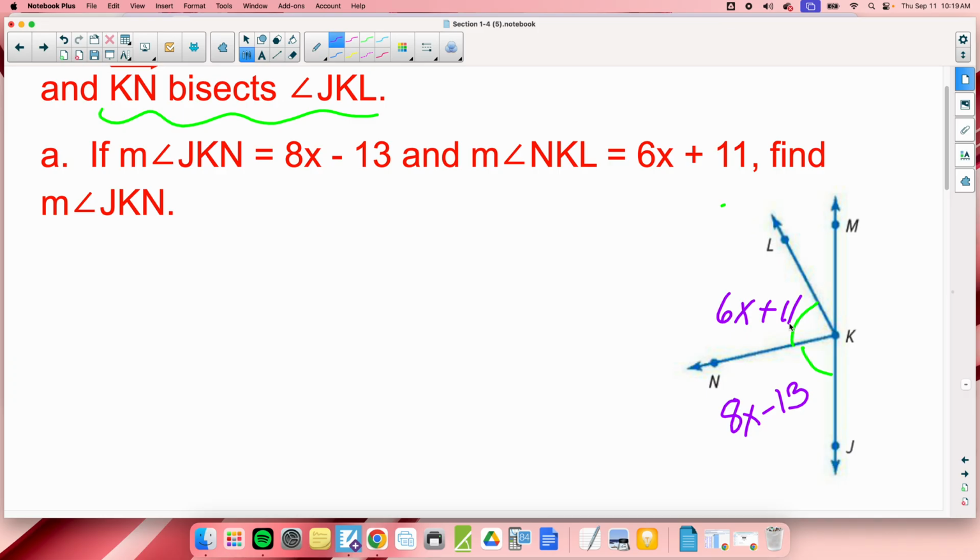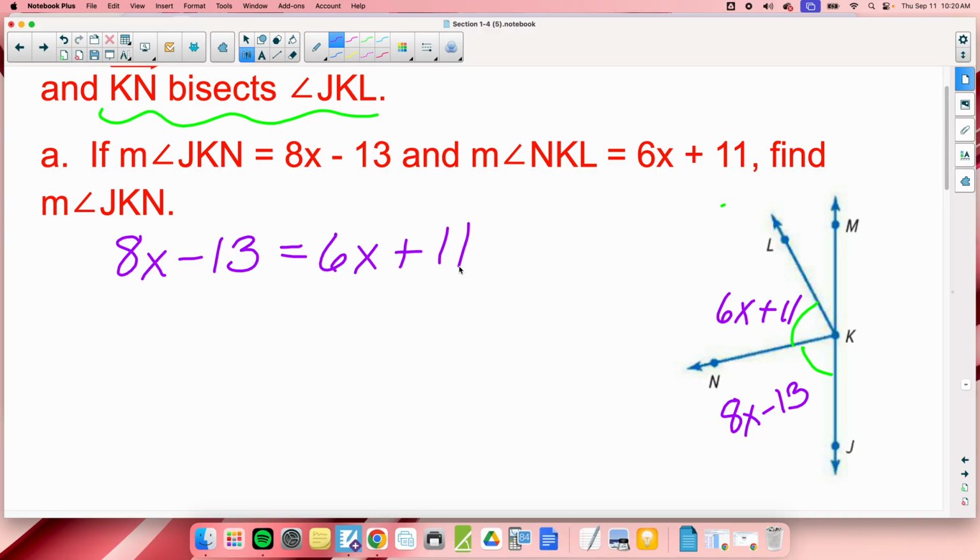Now, if those 2 angles are congruent, do you guys get that that means they're equal to each other? So if they're equal to each other, do you get that I can just set those equal to each other? So I can say 8x minus 13 equals 6x plus 11 and solve that.